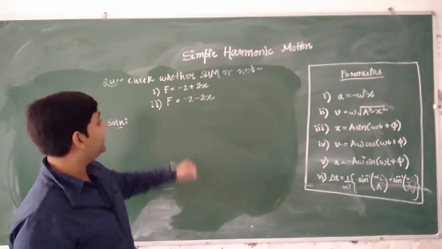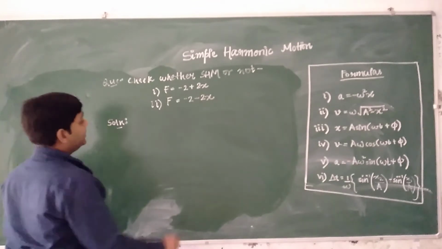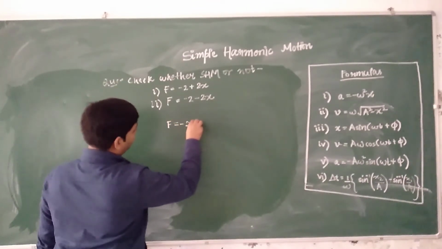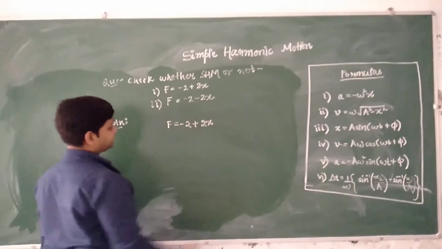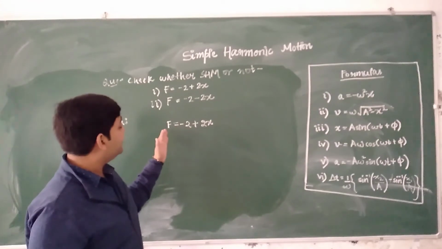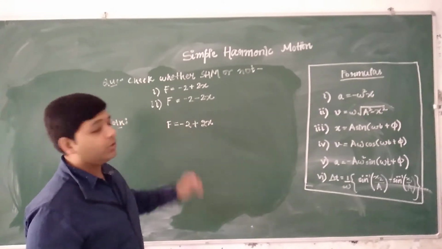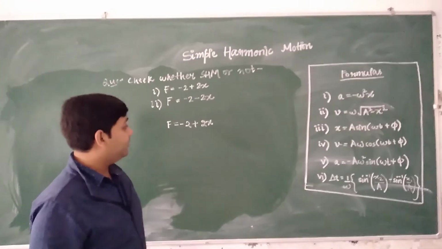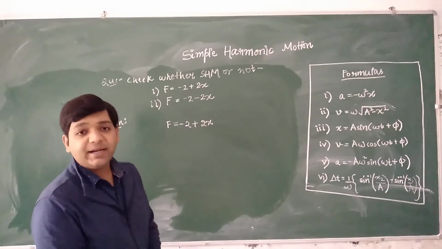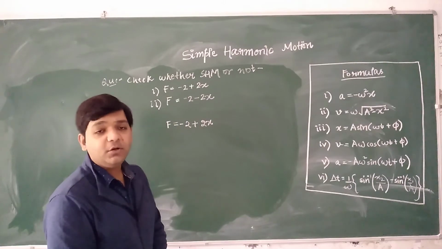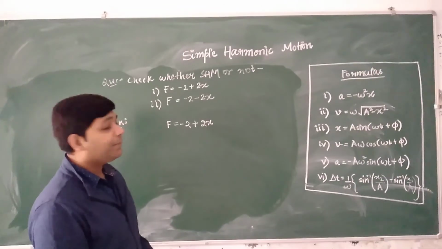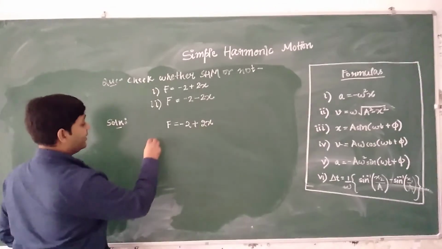So now let me explain how we solve the first part. We have F is equal to minus 2 plus 2x, right? So we know that this equation is giving us the value of force which is acting on the particle.